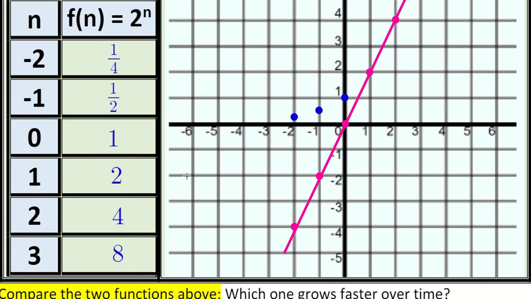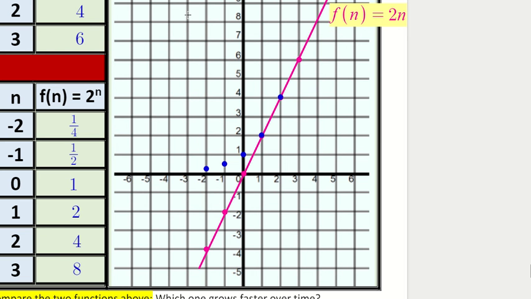When x is 1, we go to 2. And notice, that's a point on our line already. When x is 2, we go to 4. That's another point on our line. And then finally, when x is 3, we go up to 8.